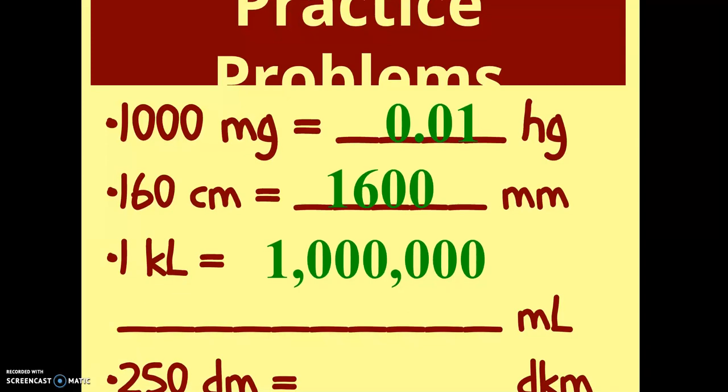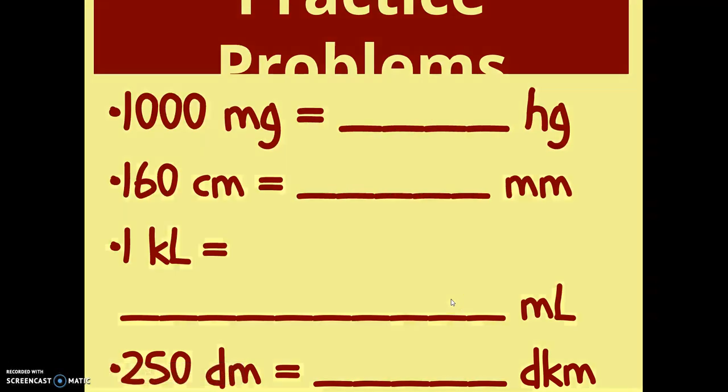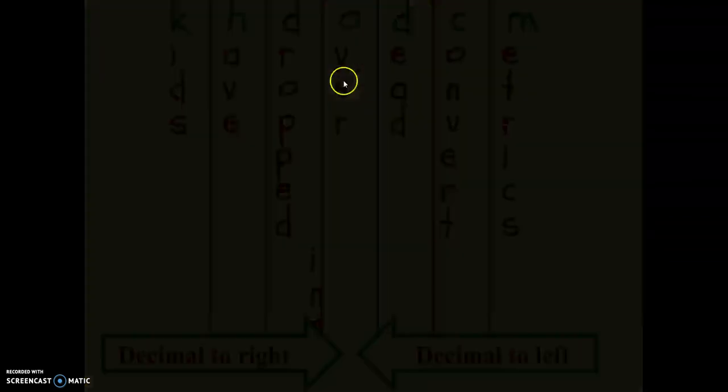And let's do one more. Here we have 250 decimeters, and we're going to convert that to decameters. So let's go back up. Deci to deca. Right here is decimeters. We're converting to decameters.